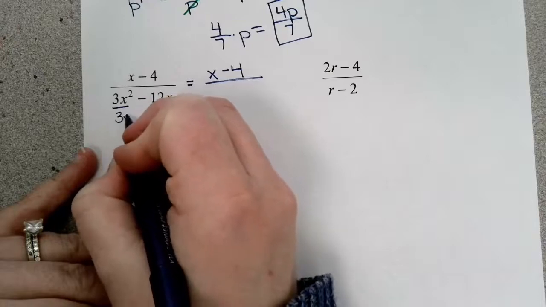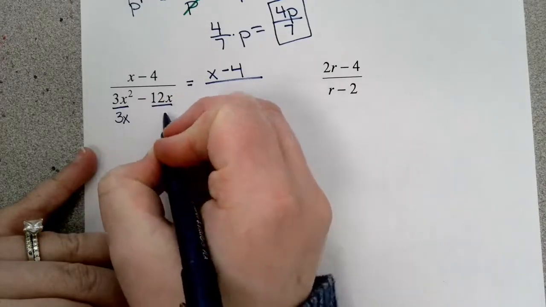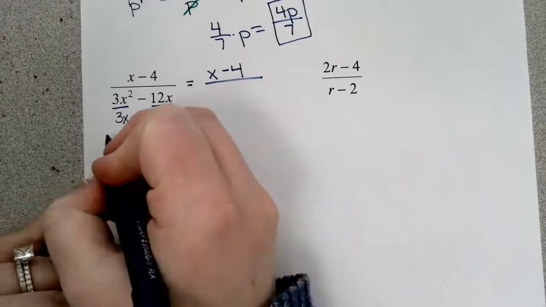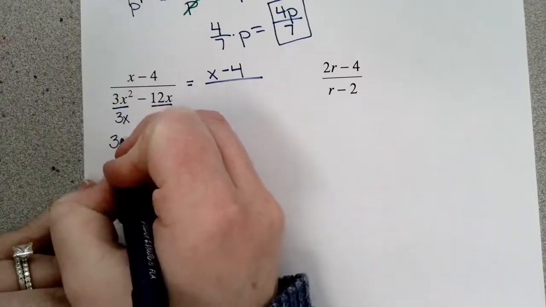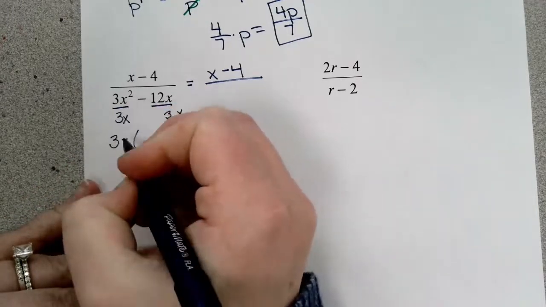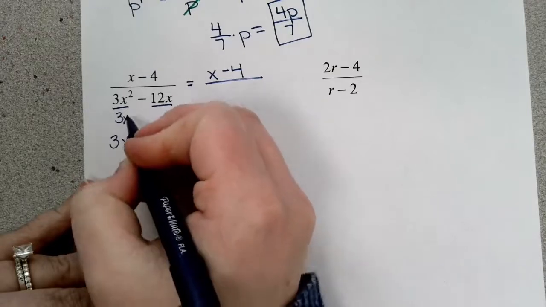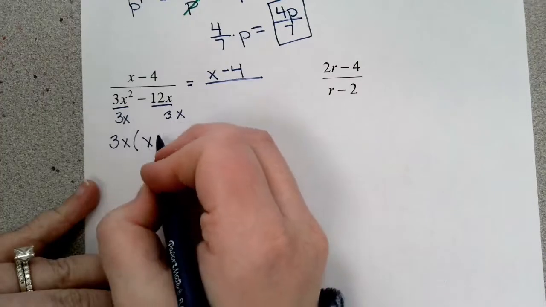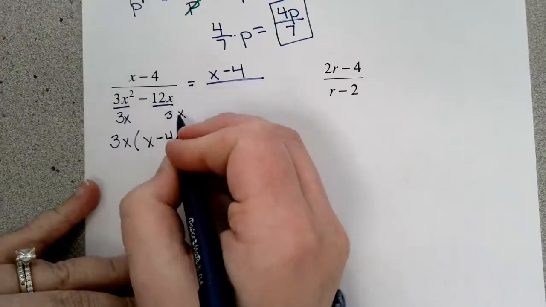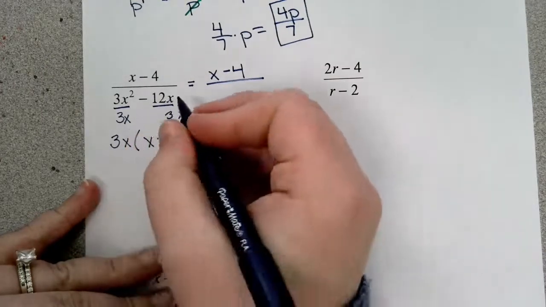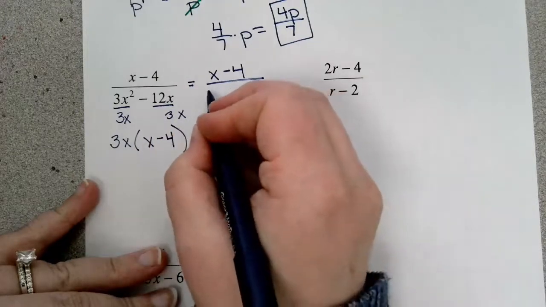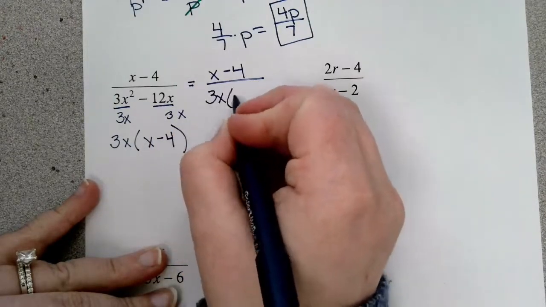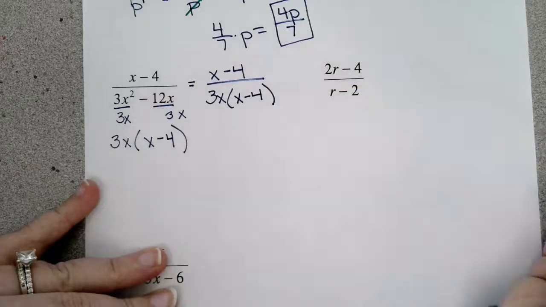I can take a 3x out of the first one and a 3x out of the second one. That's my greatest common factor. So my bottom can be rewritten as x squared divided by x leaves an x, the 3 simplified to 1. Negative 12 divided by 3 is negative 4, and the x is simplified away. So I can write that bottom in the factored form as 3x times x minus 4.